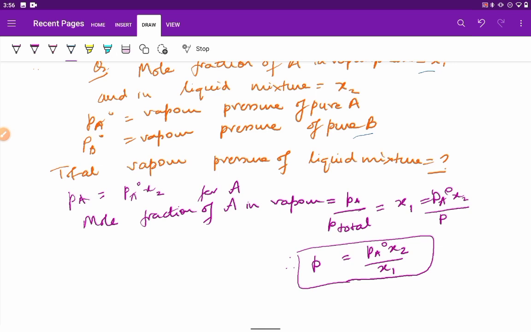That is denoted as x1. But what is Pa? Pa is equal to Pa naught x2. So Pa naught x2 by P is x1. Now we interchange the positions of x1 and P. We get P is equal to Pa naught x2 by x1. This is P, and we were asked to find out total vapor pressure. So P is equal to Pa naught x2 by x1.